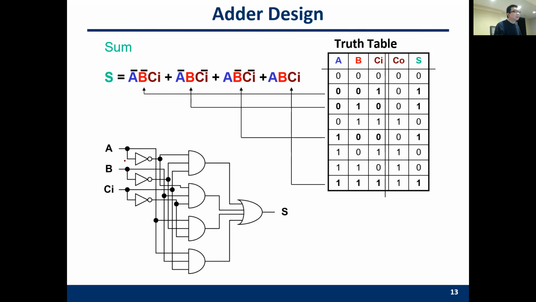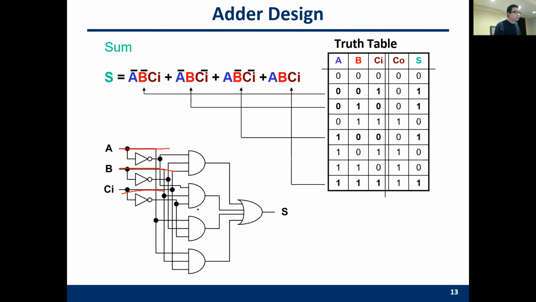And then we can build a circuit to implement this Boolean equation. The circuit is very simple. We have the inputs of A, B, and C in. We also have the inputs of A bar, B bar, and CI bar.